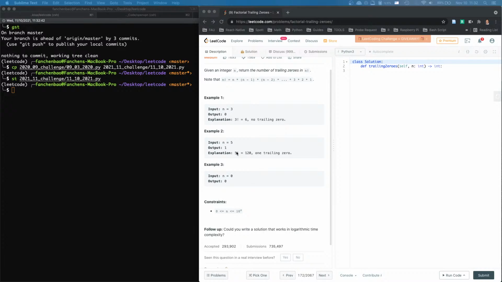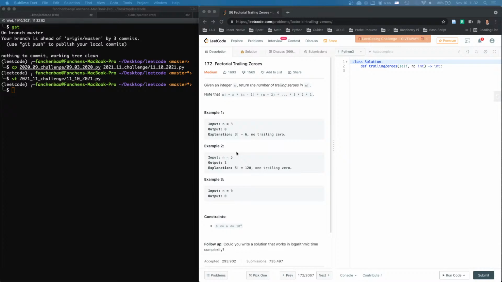But we're not going to do it that way. We are going to try to do logarithm time. Okay, logarithm time. So how do we approach this in logarithm time?